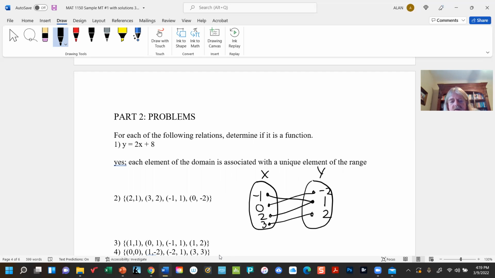Okay, so we're good, because in other words, every single one of these x's is associated with a unique value of y. Or another way to think about it is that there is no x which is associated with two y's. Okay, so the same thing holds here.